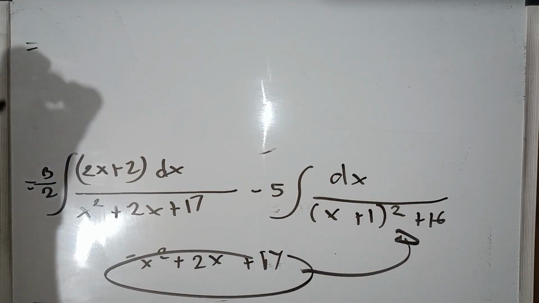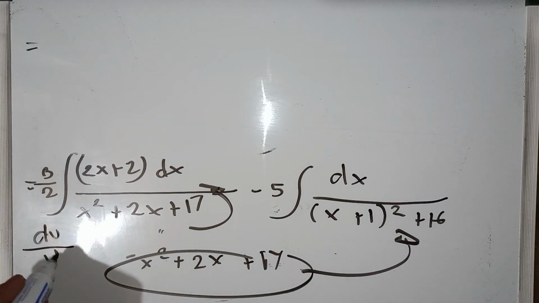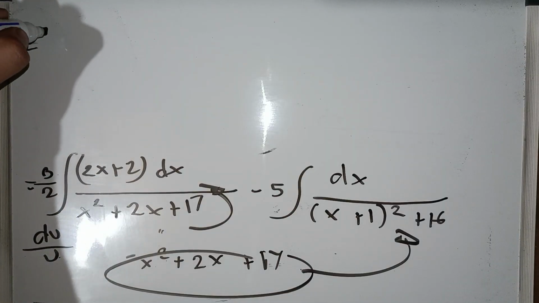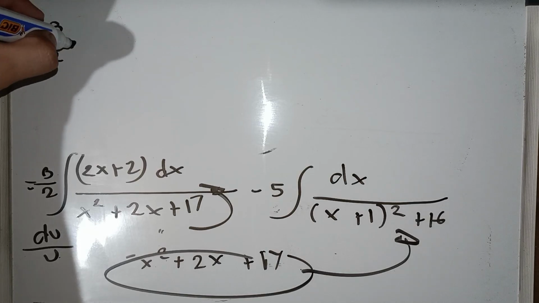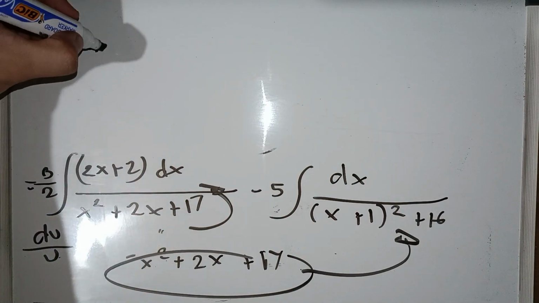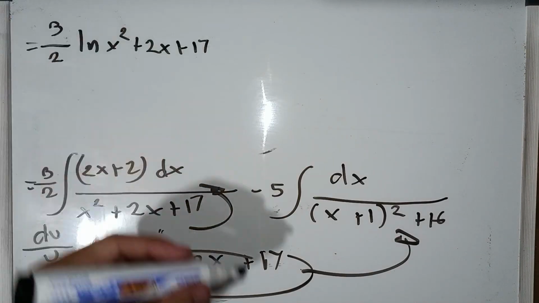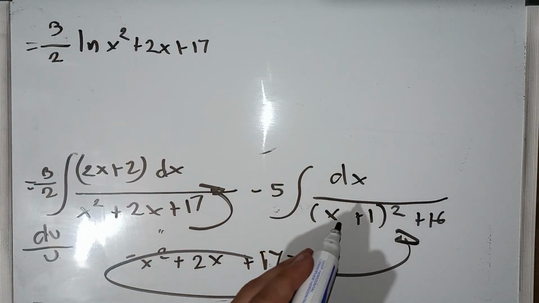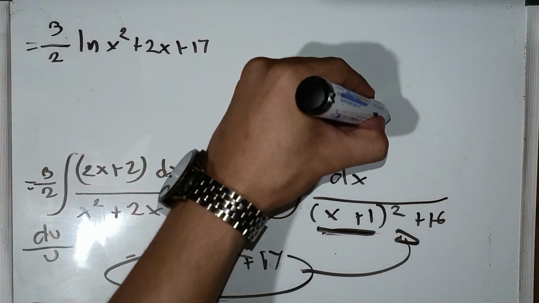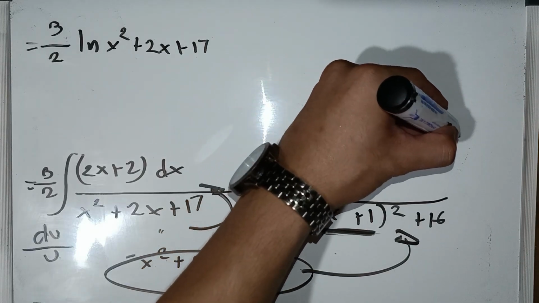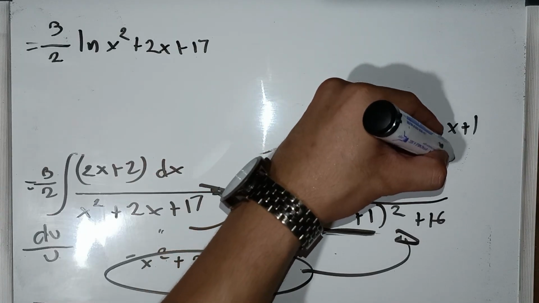Let's now proceed to integration. Since this is just the derivative of this, du over u, we can integrate this directly. So 3 over 2 ln of x squared plus 2x plus 17. For the second integral, u is equal to x plus 1, so du is equal to dx.